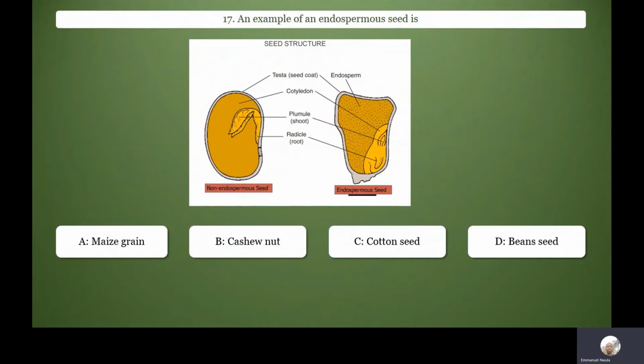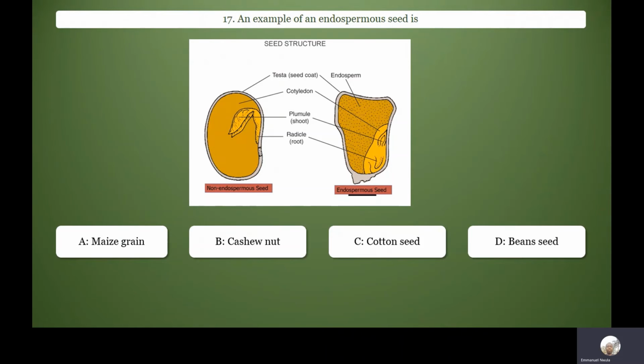An example of an endospermous seed, that's a seed with endosperm, is A, the maize grain. The maize grain is endospermous, contains endosperm. Of course, you know, after the double fertilization in flowering plants, a structure called endosperm is formed.